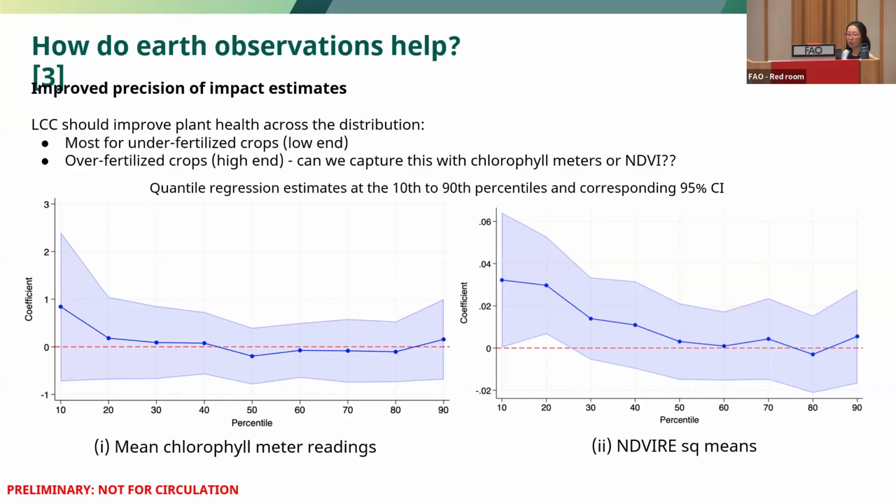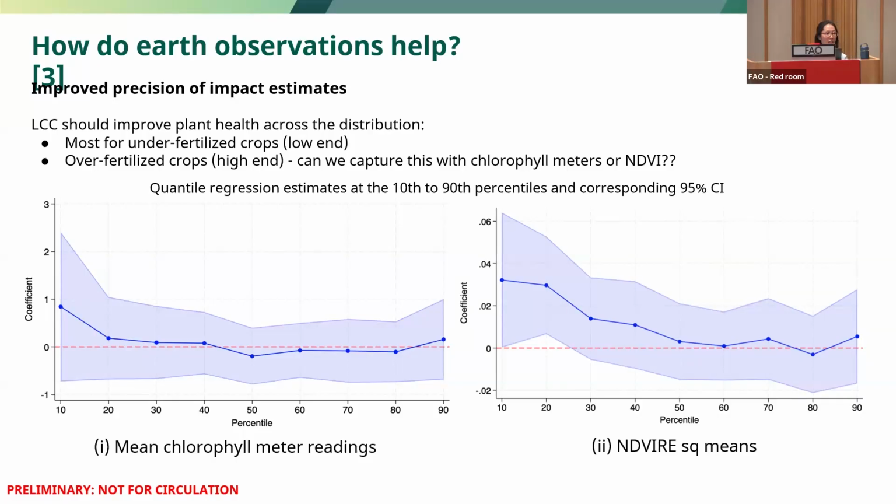Maybe we'll leave with one question. Originally we were thinking about this as a tool that could reduce overuse. Right now, with either of the measurements, we're not seeing any movements at the top of the distribution, among overusers.